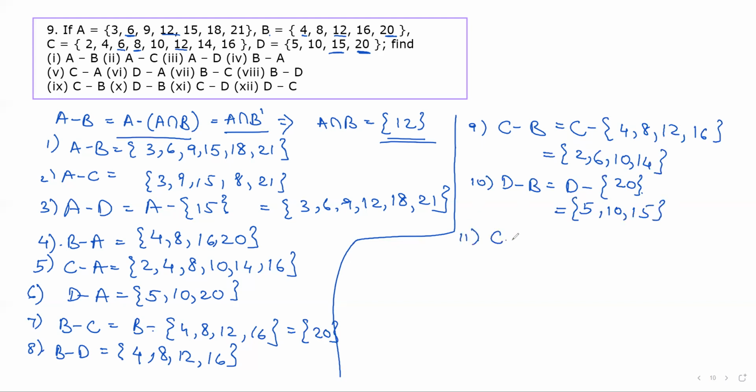11th, C minus G. So it is C minus, here 5 is not present, 10 is present, 15 not present, 20 not present. So 10 is the only thing which is common. 2, 4, 6, 8, 12, 14, 16.